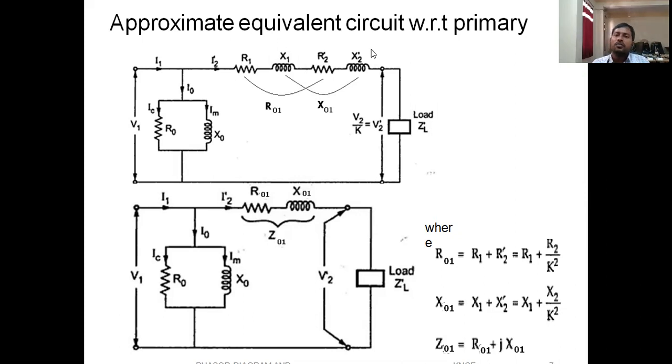In that case, R02, which is the R0 referred to secondary, is equal to the secondary resistance as it is plus the primary resistance, that becomes R1 dash. X02 is equal to X1 dash plus X2, which will be as it is. Here R1 is as it is, but R2 becomes R2 dash when it refers to the primary side.